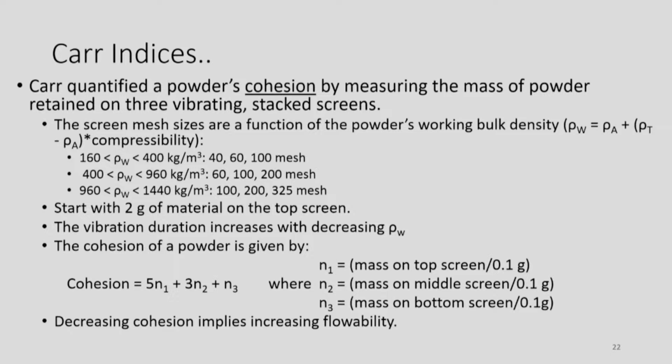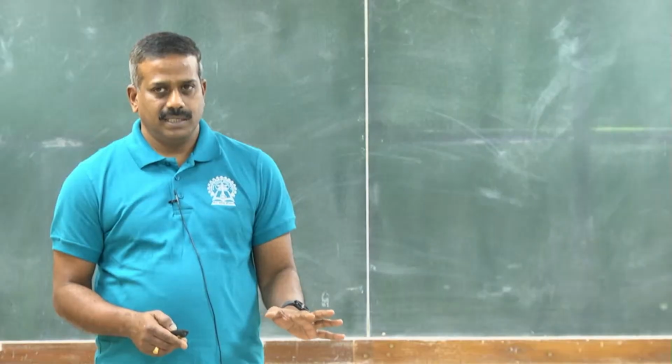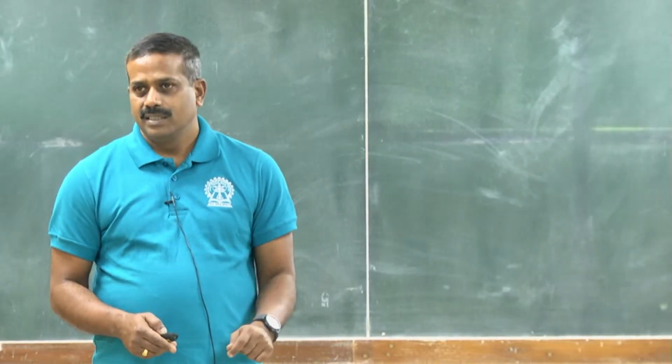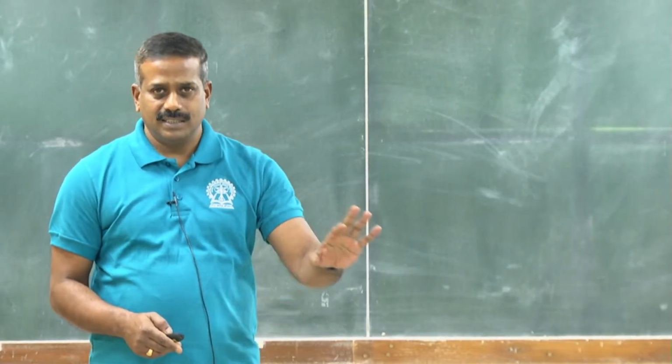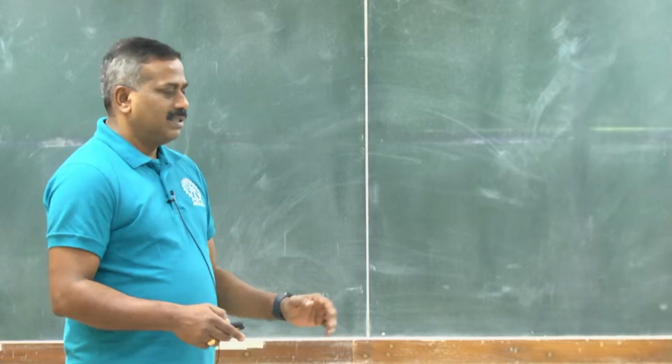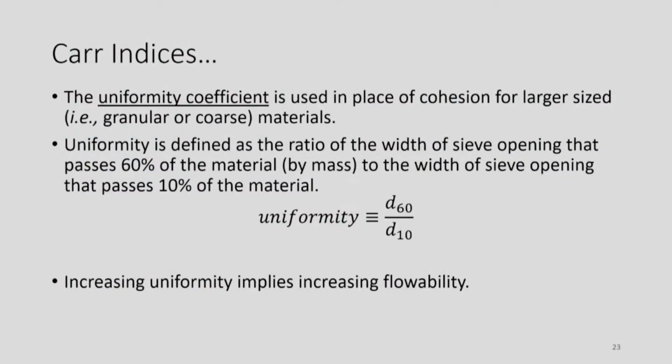As the name indicates, decreasing cohesion will give a better flow, right? Any questions on this? Simple and easy measurement: just take three sieves based on the density, shake them, and weigh the material. Okay.